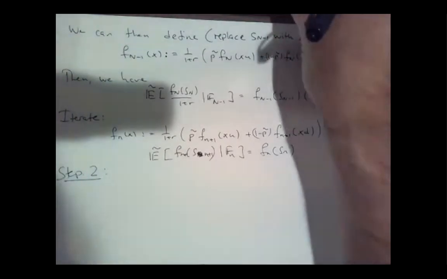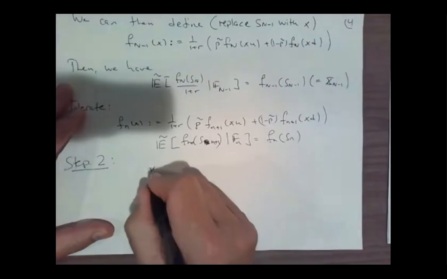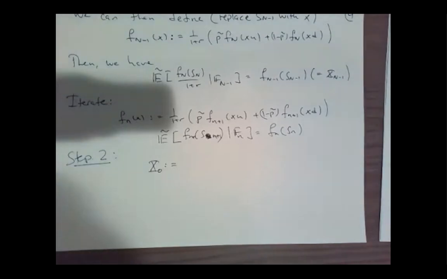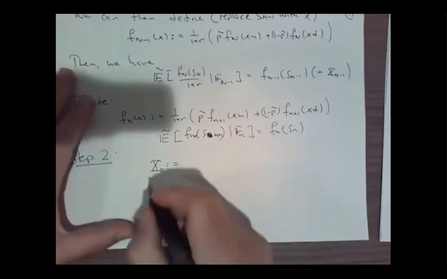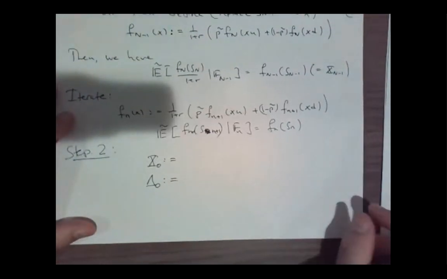We have to come up with formulas for these guys. Any guesses on what x0 should be? What should x0 be? Any guesses on what delta 0 should be? And so on.